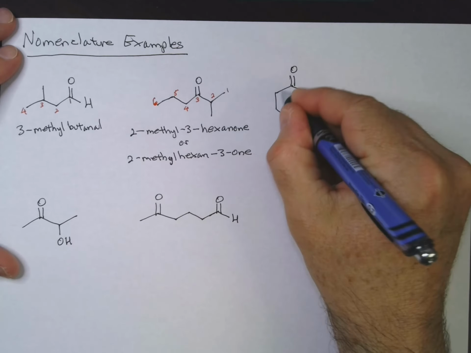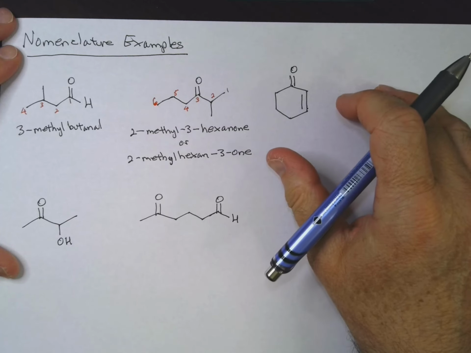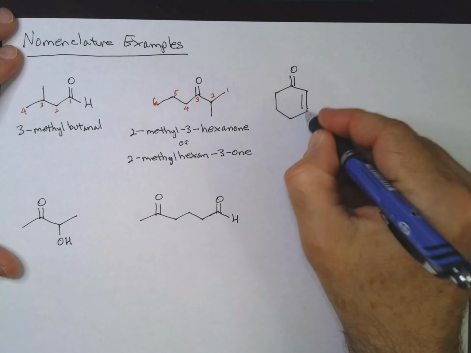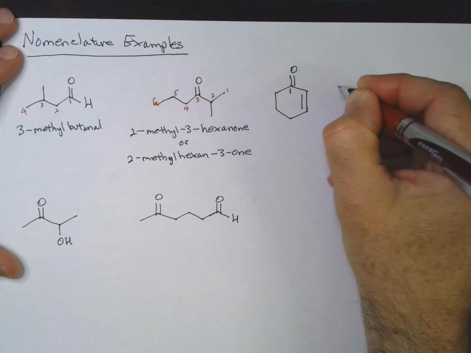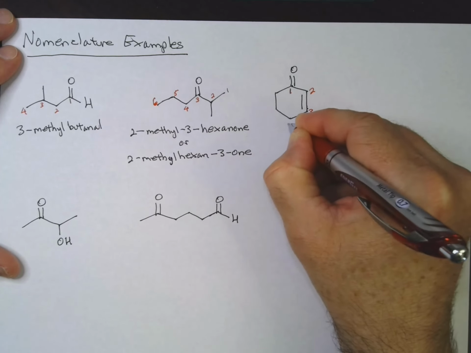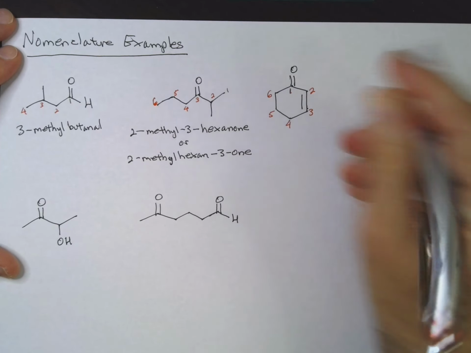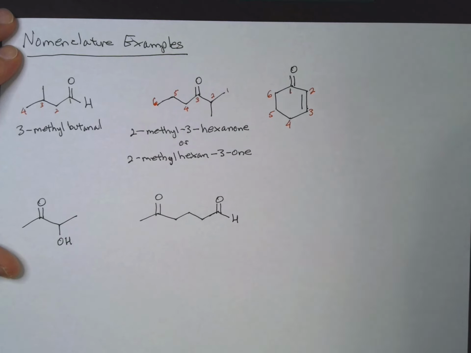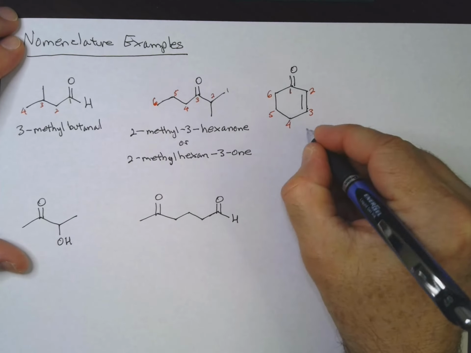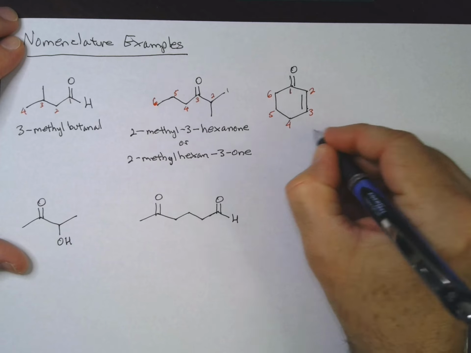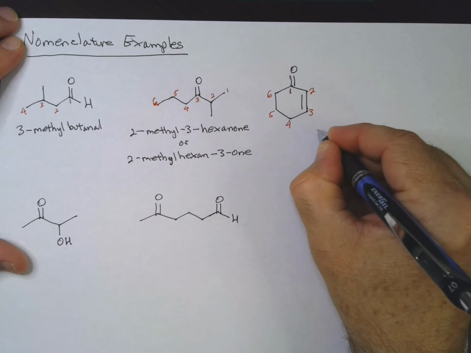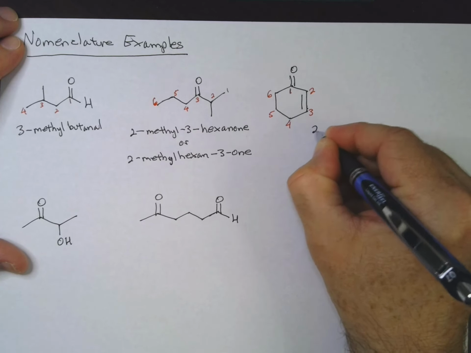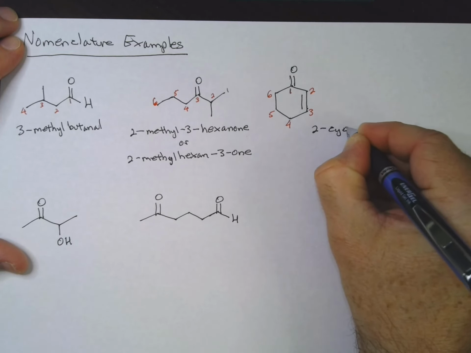Now, I have a cyclic system, so this is going to be some kind of cyclo something, but I also have an alkene. Now, where do I start numbering? Well, I'm going to start numbering at my carbonyl carbon. So that's 1, 2, 3, 4, 5, 6. So this will be 2-cyclohexenone.